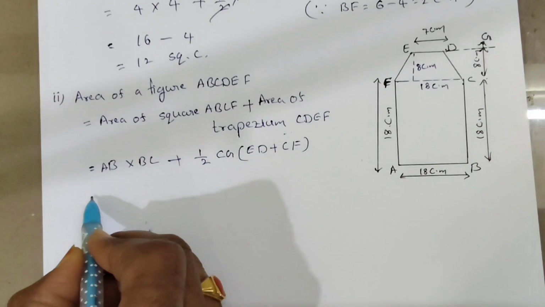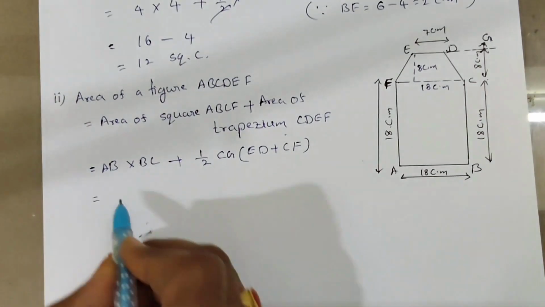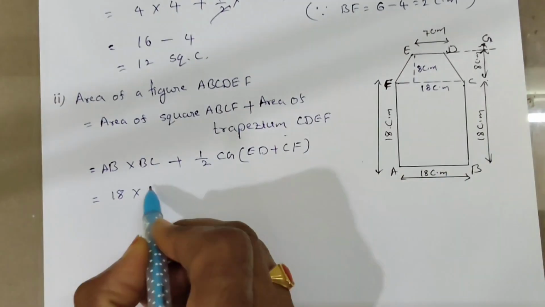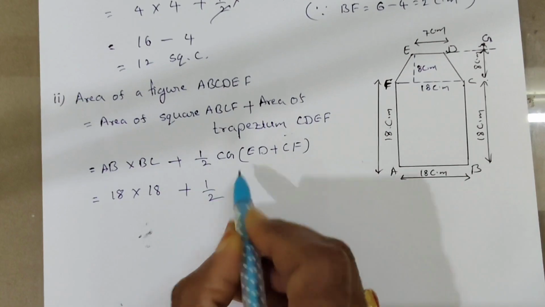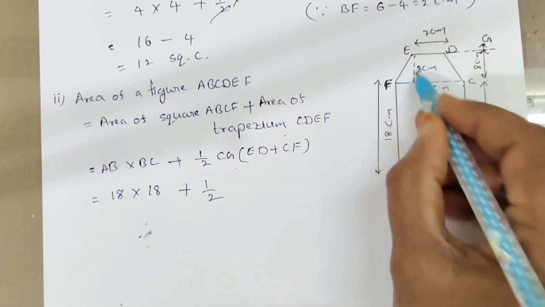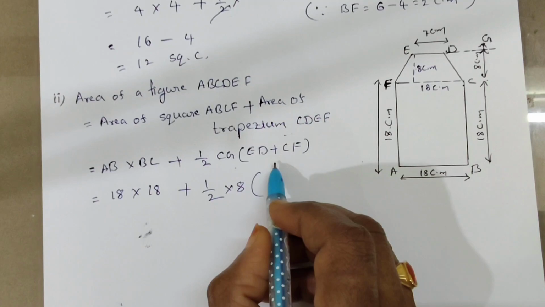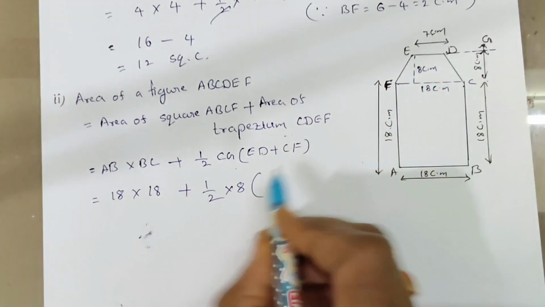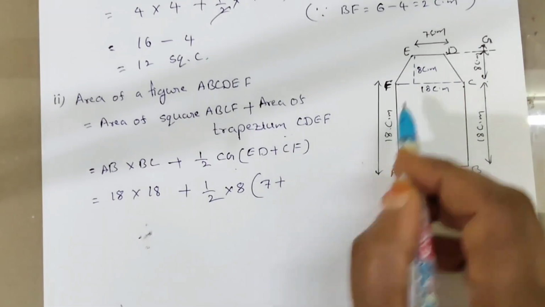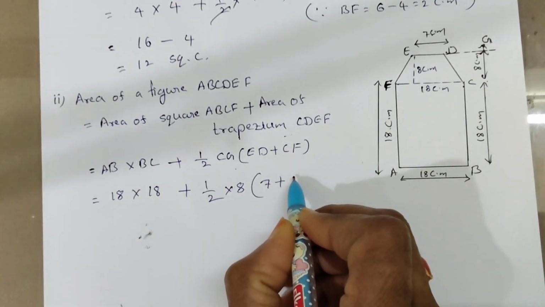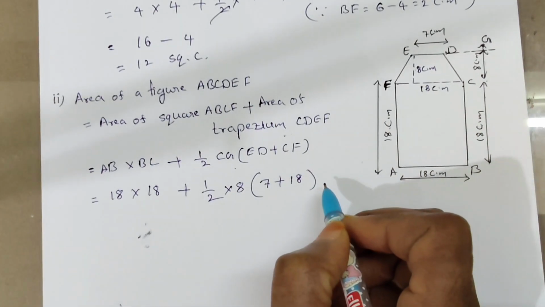So now here we write the values. AB is equal to 18 centimeters into BC equal to 18 centimeters, plus 1/2 into CG, the height, 8 centimeters, into 8 plus ED, which is 7 centimeters, plus CF equal to 18 centimeters.